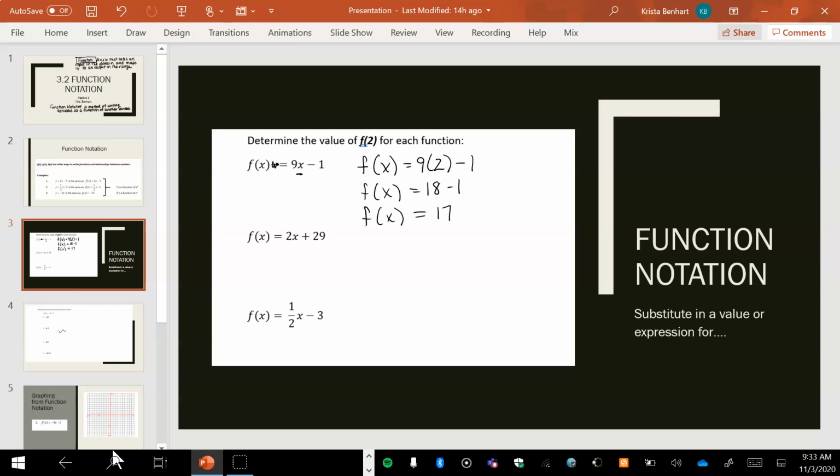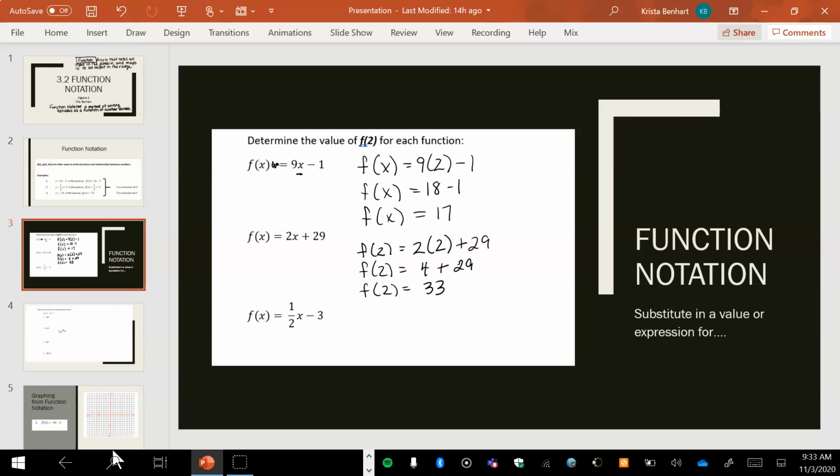Okay? So let's do the next one. F of x equals 2x plus 29. If we want f of 2, it means plug in 2 for the x. So f of 2 in this function is 4 plus 29. In this function, f of 2 is 33.